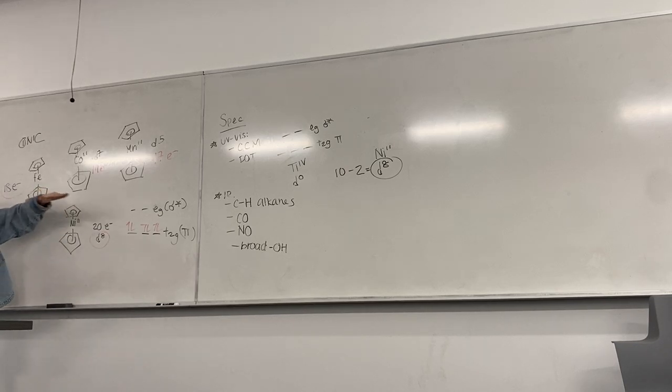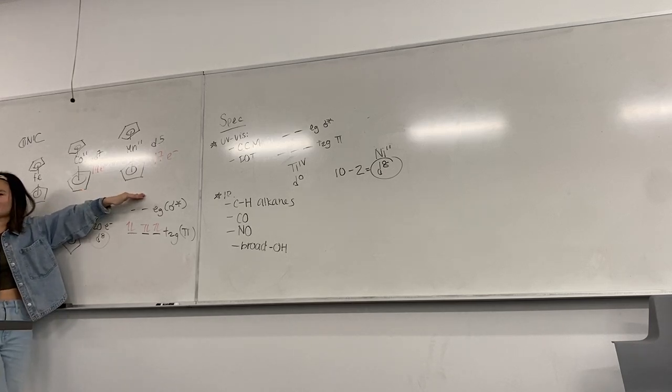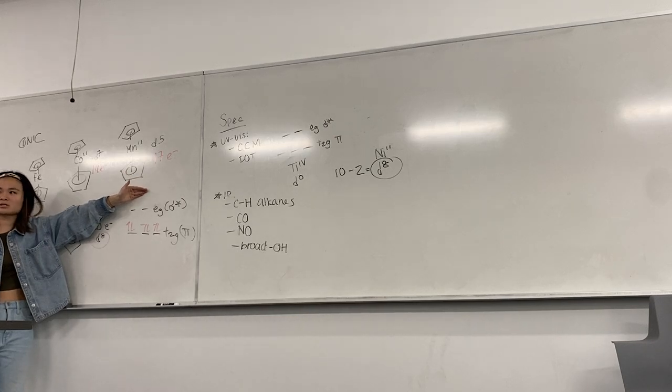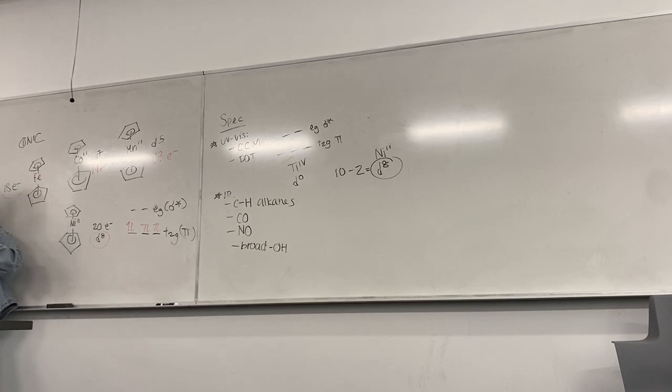So this is a really good reducing agent. So what would you expect this to be? A really good oxidizing agent, because this wants to be reduced, gaining an electron. Does that make sense to people? 18 electrons is happy.